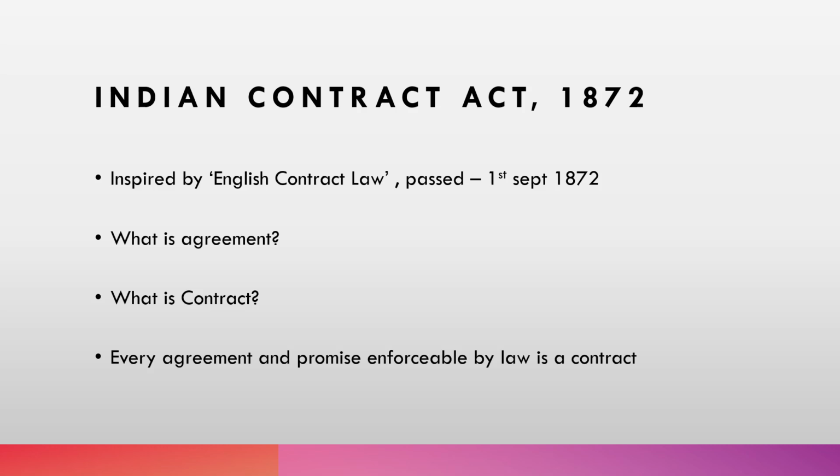Then what is contract? So the contract is an agreement that is enforceable by law. Means any agreement, when it has some legal formalities added in the agreement, then it is called contract. For example, a loan agreement between buyer and seller of a car.